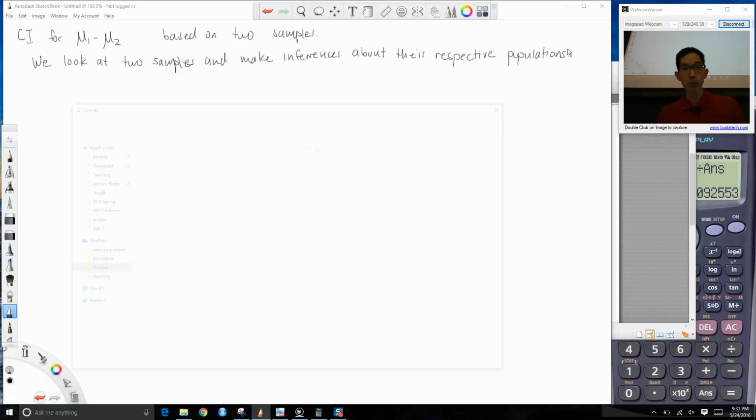So we want to know, do the 2 populations have different means or not?